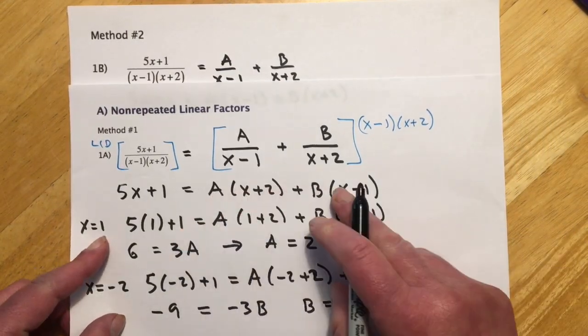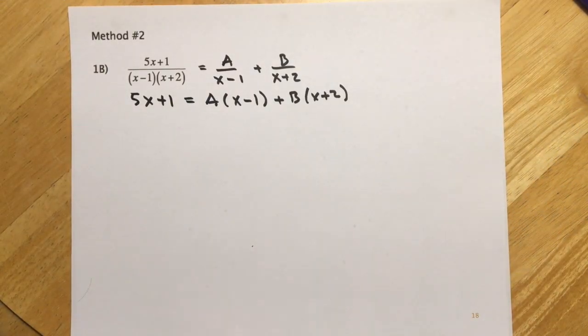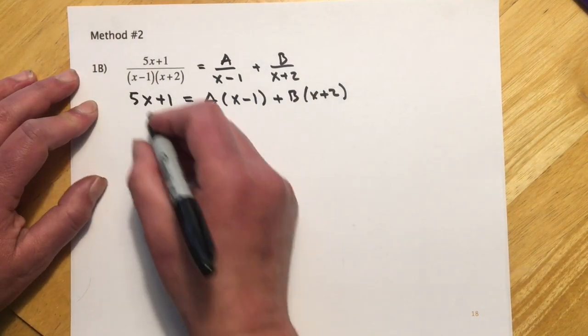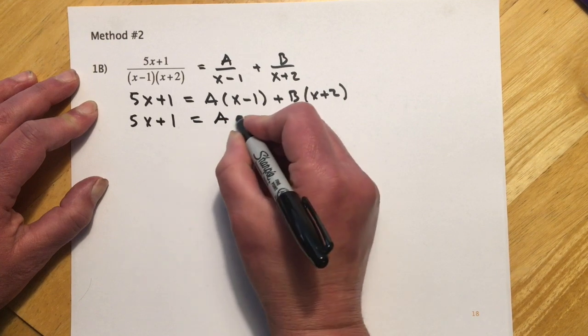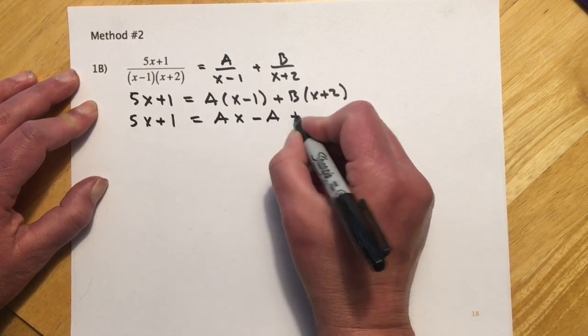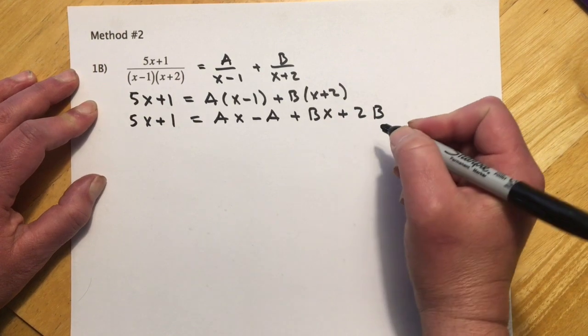In the first method, I left it like that because it was nice, as I could see these things would zero out. But in this method, I want to distribute. So that's where they change. So this will be 5x plus 1 equals ax minus a plus bx plus 2b.